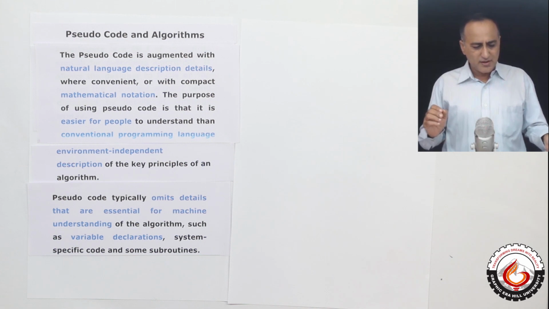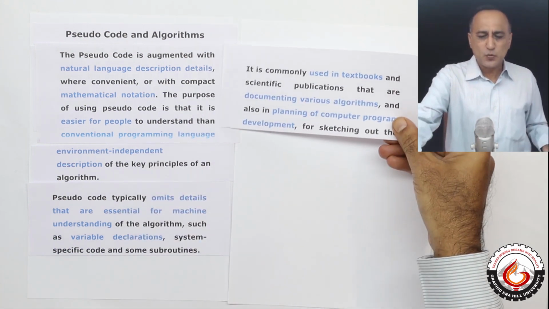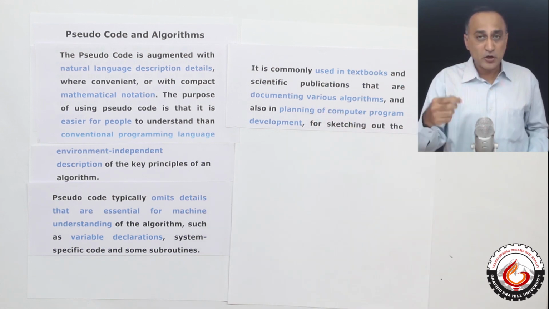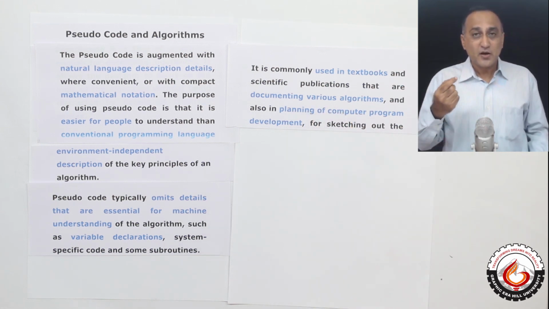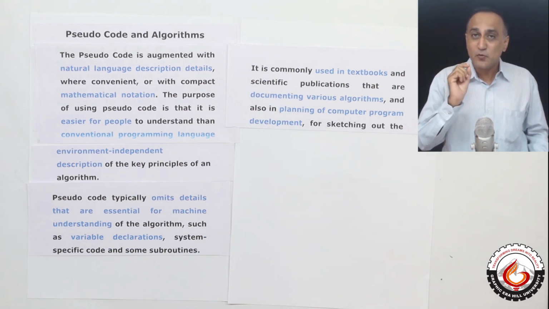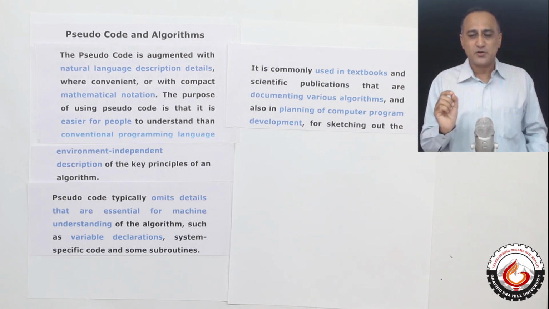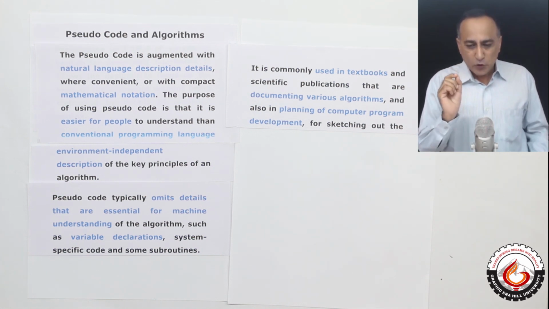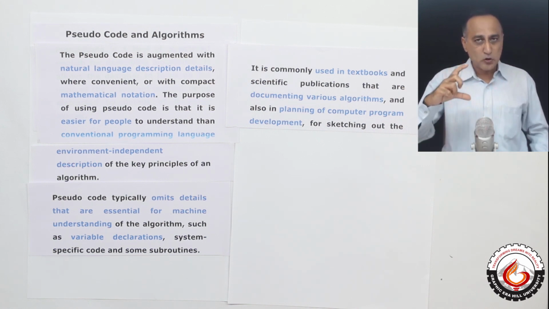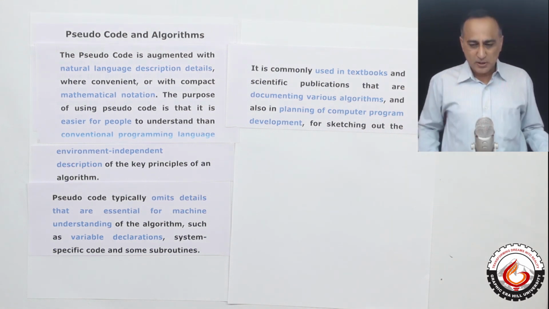Now, as I told you earlier, pseudocode is very widely used in textbooks and in documentation, because documentation is not written only for people who know C or Fortran or COBOL. It is written for people who know just any programming language. So by documenting it in an English-like manner, anybody can understand the broad logic of the problem solving process.